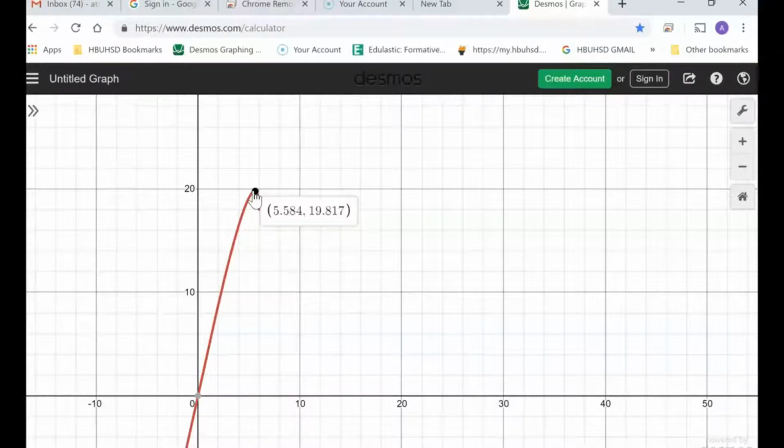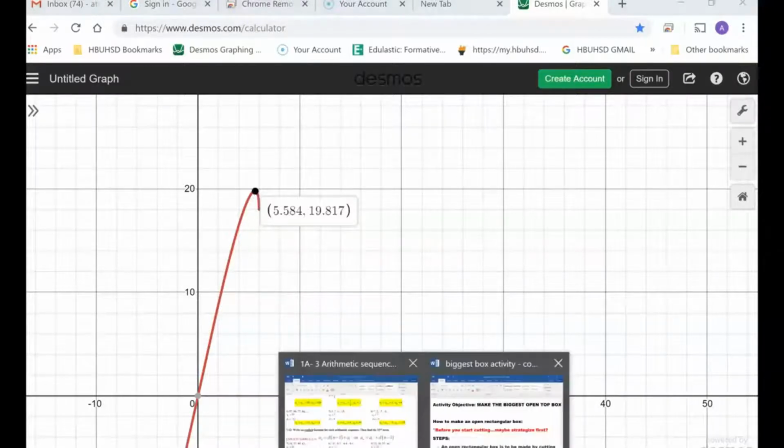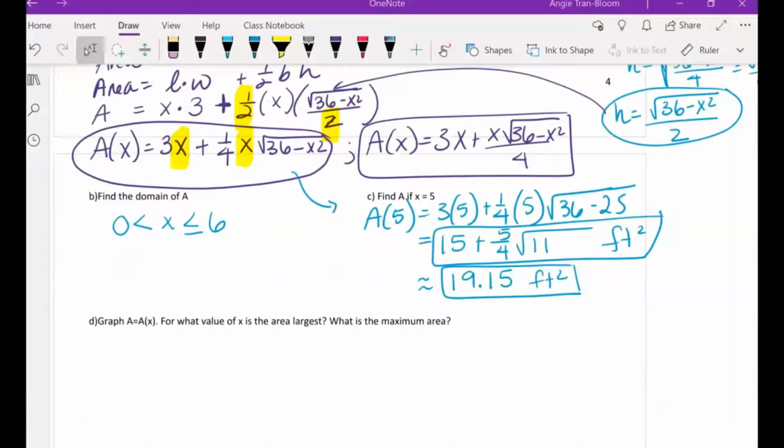Based on the graphing, once you have your algebraic formula, you can just enter that into Desmos or a calculator and then find the maximum. And the decimals tool gave me this point, 5.584, comma 19 point, what was that?